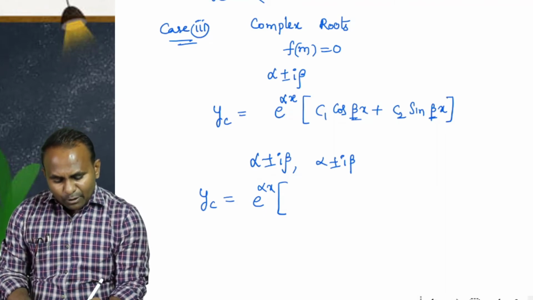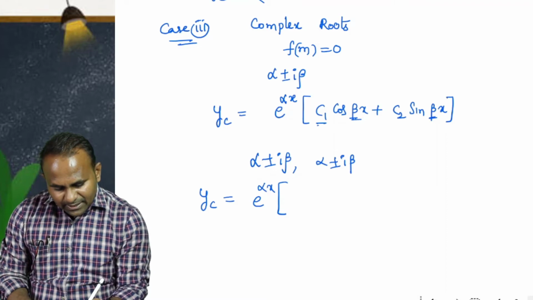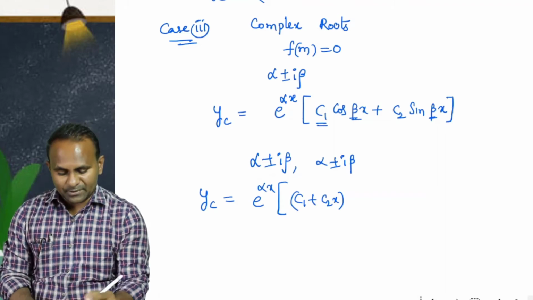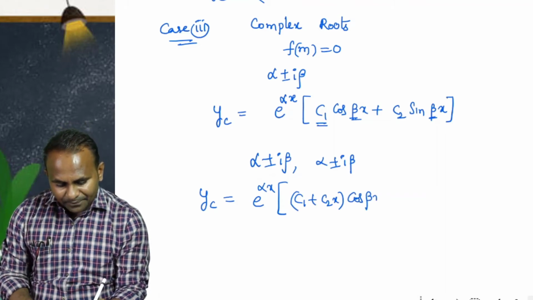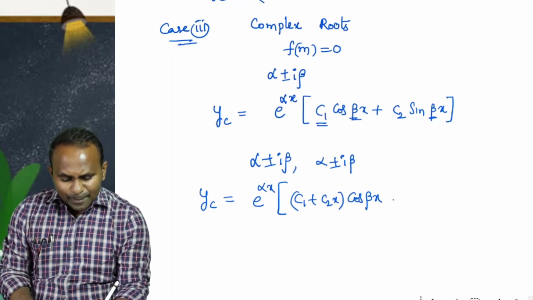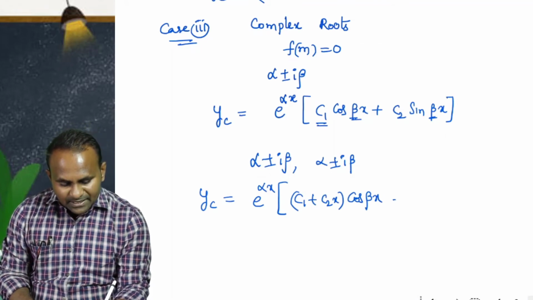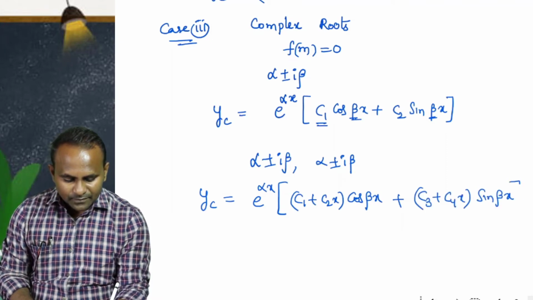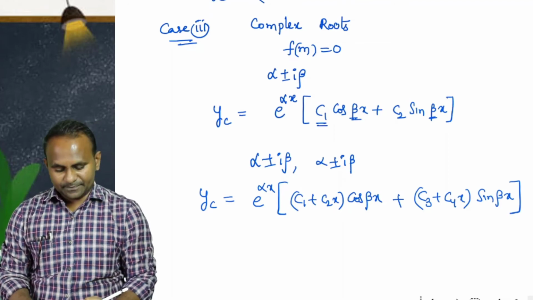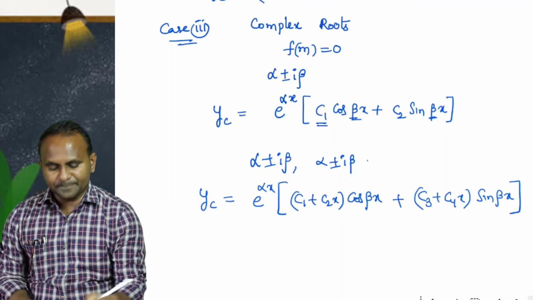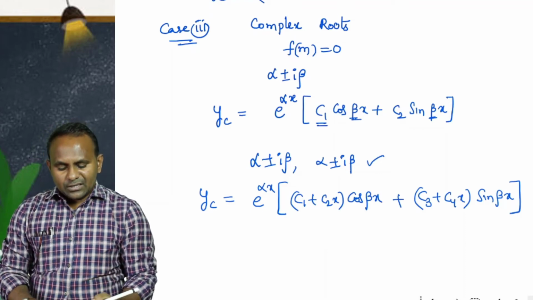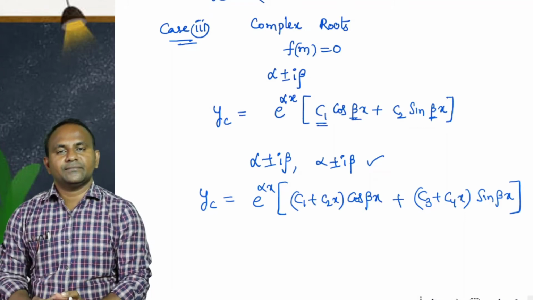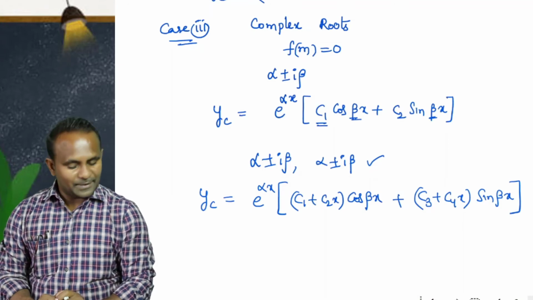Since it is repeated, you write the arbitrary constant here as c1 plus c2x, because the roots are repeated 2 times, cos beta x, plus c3 plus c4x times sin beta x. This is how a complementary function looks whenever the complex roots are repeated. This is all about writing the complementary function in 3 different cases. Either of these 3 cases will arise while writing the complementary function.